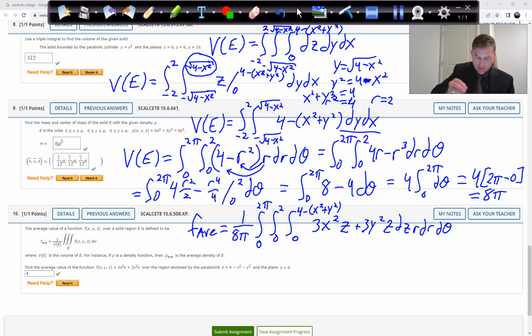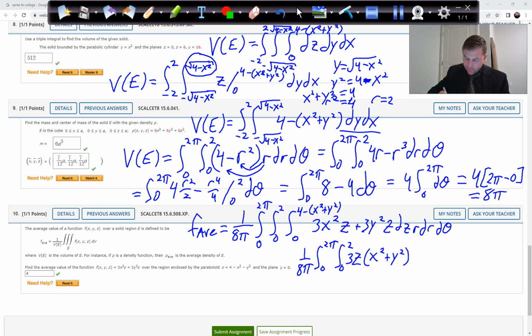Okay, notice that there's a common z between these two. So we're going to factor this out. We're going to factor out z, 3z, and what's left is x squared plus y squared. And then we have dz r dr d theta.